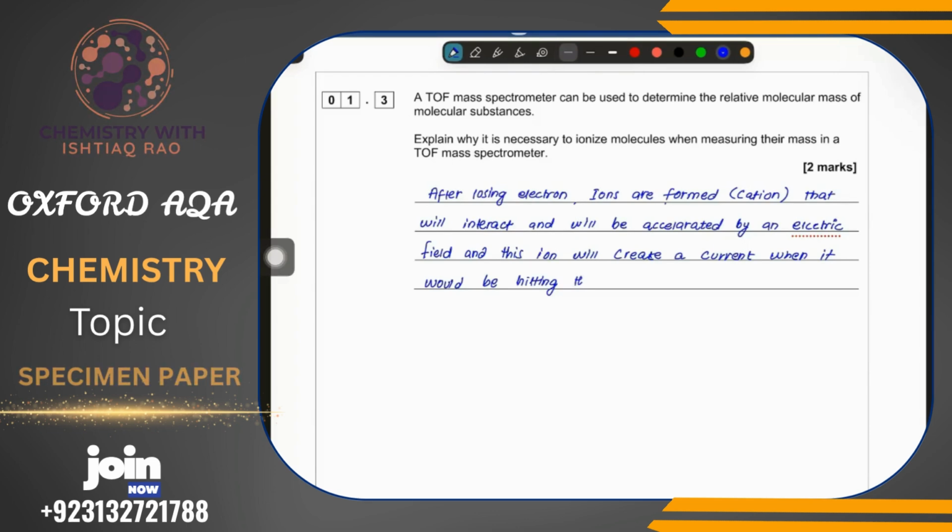That current will be detected by the detector in the form of a signal. It gives you the mass spectrum. On the basis of that spectrum, we determine the sample.